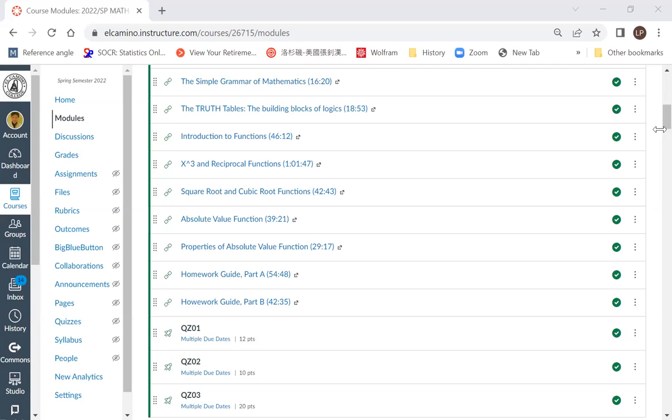Okay, if the output is a positive number, you have two solutions.